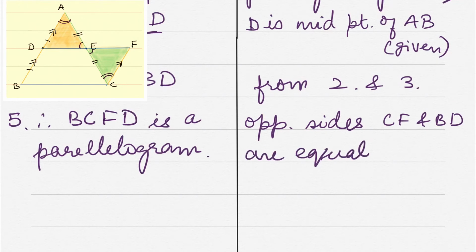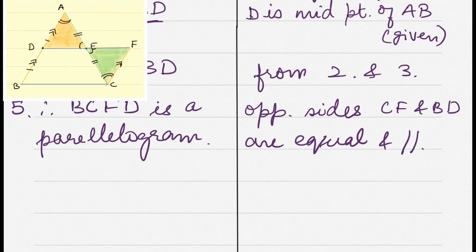And in the previous point, they are also parallel because we had drawn parallel line by construction. So now it is a parallelogram. So if one pair of opposite sides is equal and parallel, then also we can call it a parallelogram, right? If you want to get clear on this concept, I have made a separate video on why a quadrilateral is called a parallelogram, and how we can prove it. That has been given in the description box. You can watch about it.